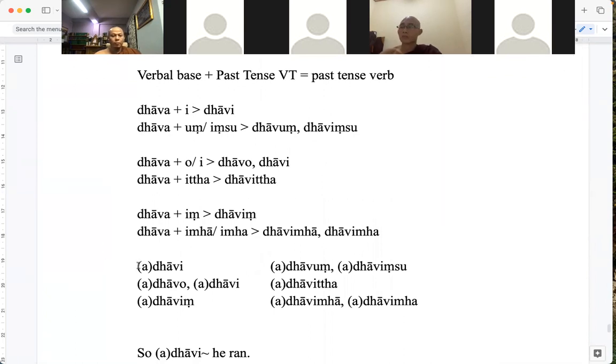If we don't put the ā, it is still in past tense. Is it still past, Bante? Yes, still. So it would be good to put the ā in front, at the prefix, to identify that it is past tense, Bante?